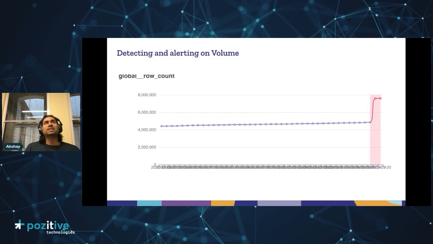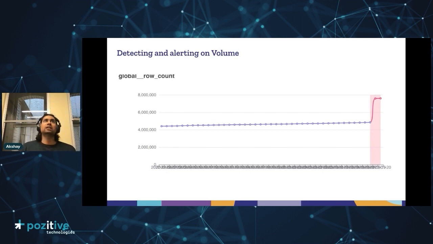And then, this is an example where we started to see an unexpectedly high number of rows. This was an incident that happened on one of our data producers, where they introduced a bug which duplicated a bunch of rows. Here you can see that the number of rows has gone up from 4 to 8 million, and even they didn't know that they had introduced this bug.